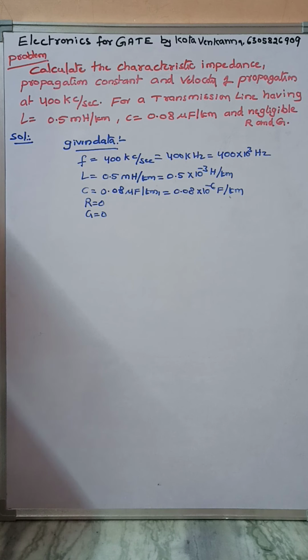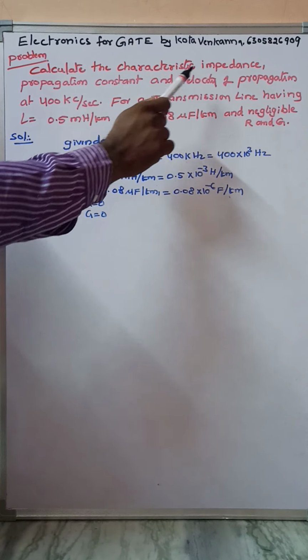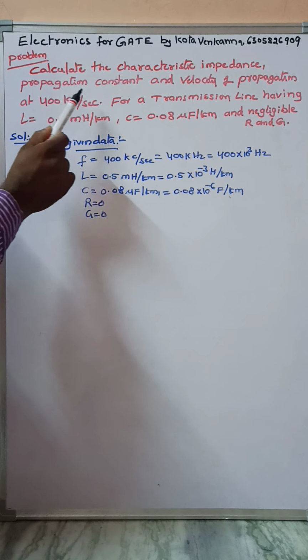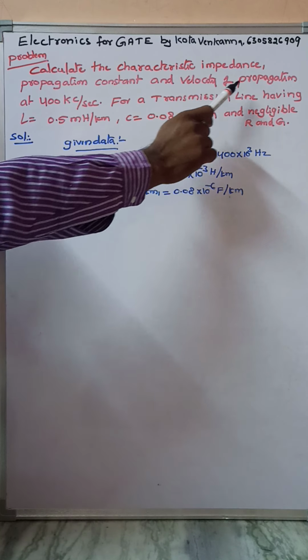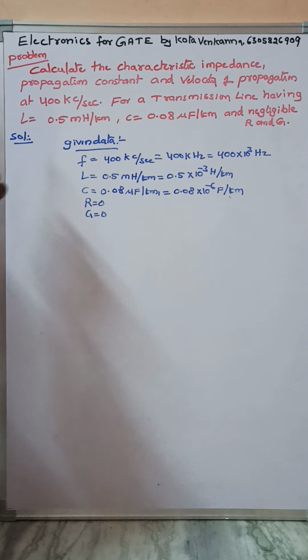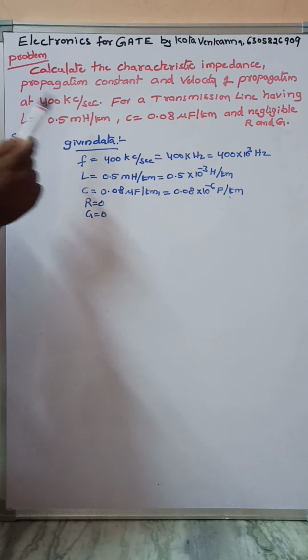First of all, we have to read the question more than 2 times. We have to find out the characteristic impedance, propagation constant and velocity of propagation at 400 kilocycles per second.